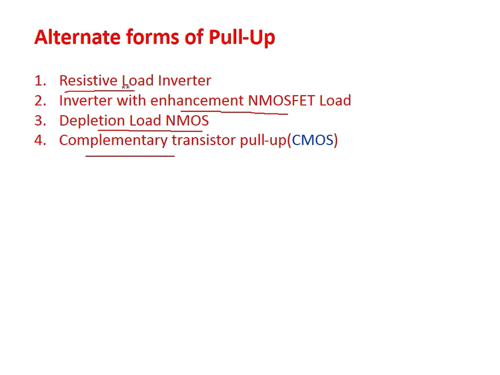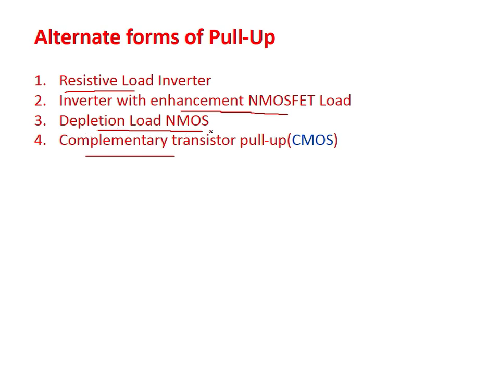Resistive load means that the pull-up network is replaced by a resistor, and that resistor will act as the load resistor. Second, inverter with enhancement mode MOSFET: the depletion mode MOSFET in the pull-up network is replaced by an enhancement mode MOSFET. Then how it can work as an inverter we will discuss.